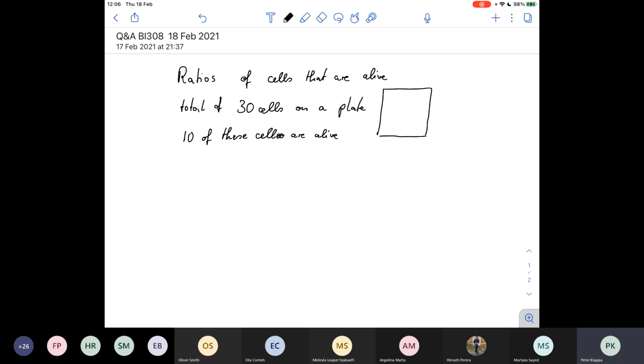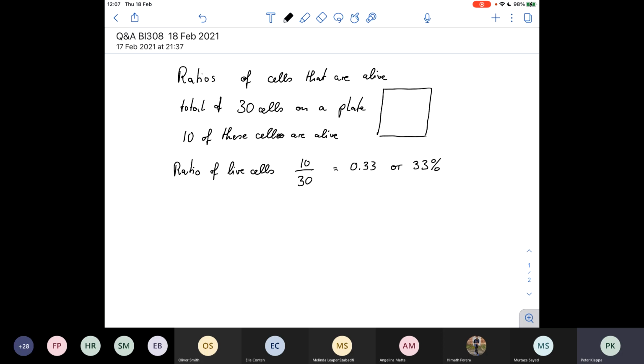So what we want to find out is what actually is the ratio of live cells. So one would say, of course, we have 10 over 30. So that would be 0.33 or 33%.